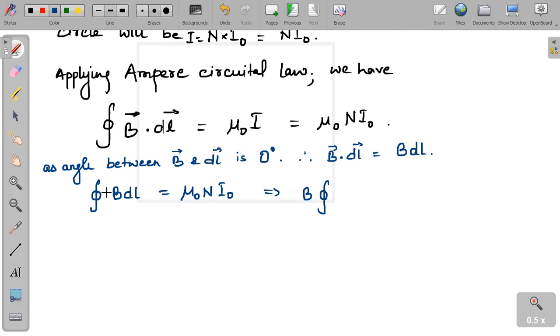We have to integrate along the entire circumference, whatever figure is given. Here it is a circle, so the line integral of dl will become B into 2 pi a, and this will be equal to mu naught N I naught.